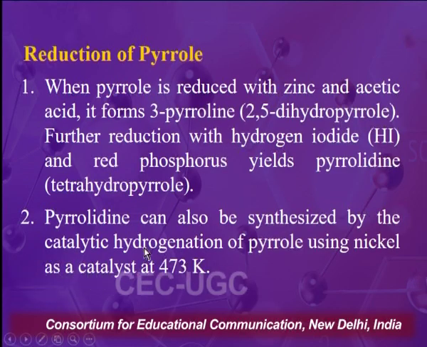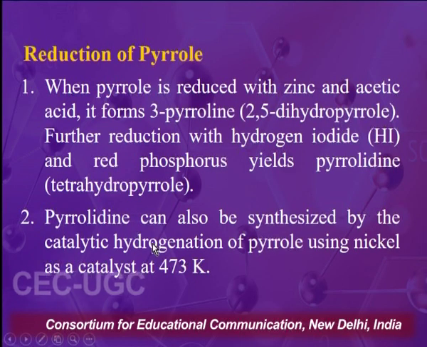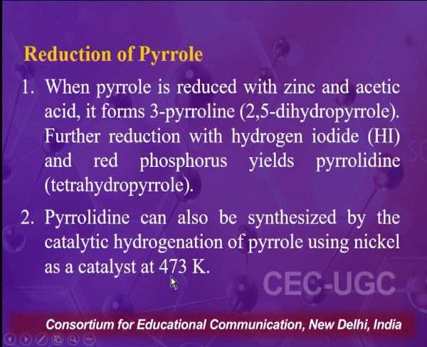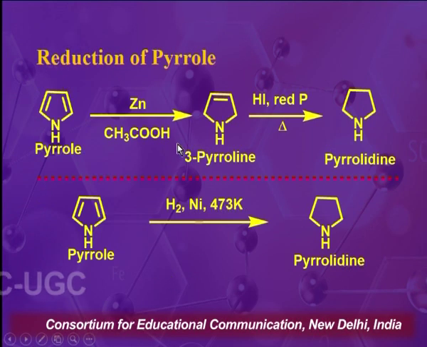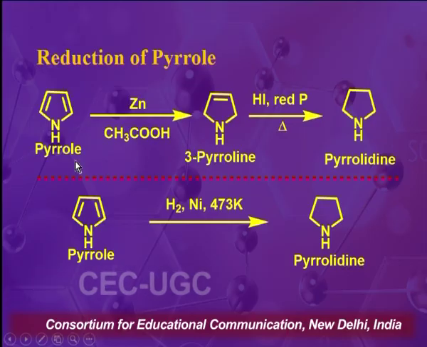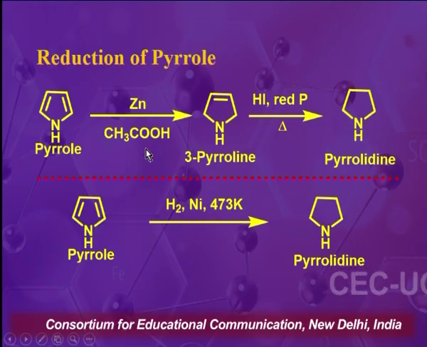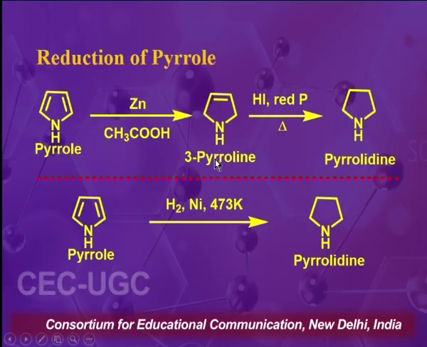And by the second method, we can get pyrrolidine directly by using the hydrogenation method in presence of nickel as the catalyst at 473 Kelvin. So these are the reactions in which pyrrole is reacting with zinc in presence of acetic acid, producing 3-pyrroline as the product.